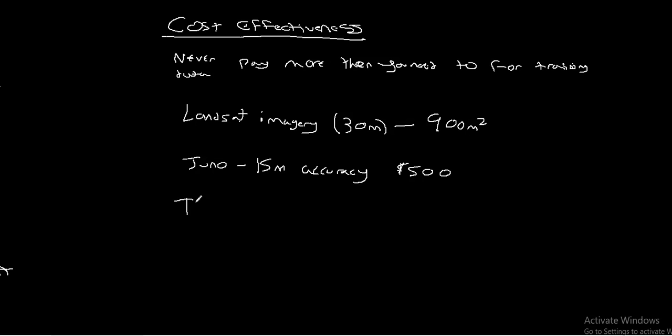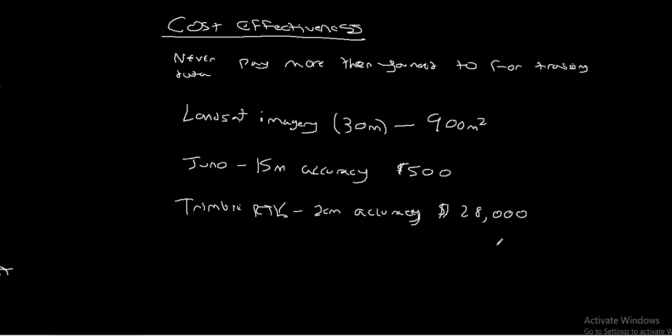Or we have a Trimble RTK. You don't need to know this, but Trimble RTKs are top of the line. That'll give you 2 centimeter accuracy. You know your location down to 2 centimeters. But it'll cost you $28,000.